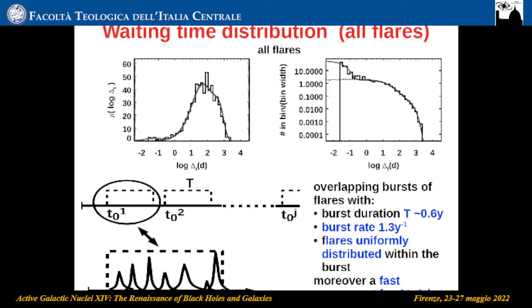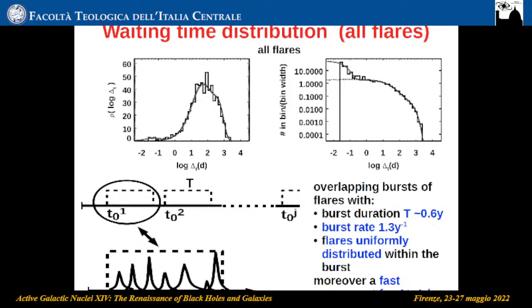There is a set of bursts of flares. So within each burst, you have a number of flares. They are distributed uniformly along the burst. This is the Poissonian part. And the bursts are distributed uniformly during the observing window.